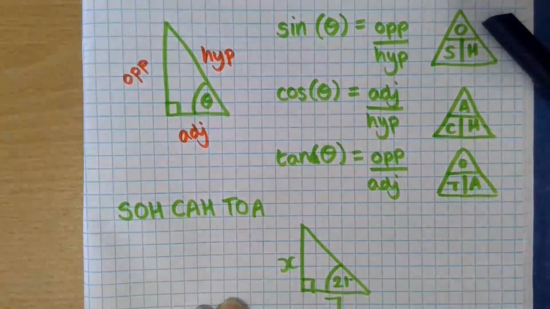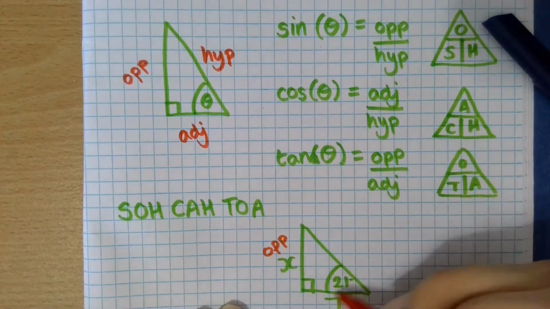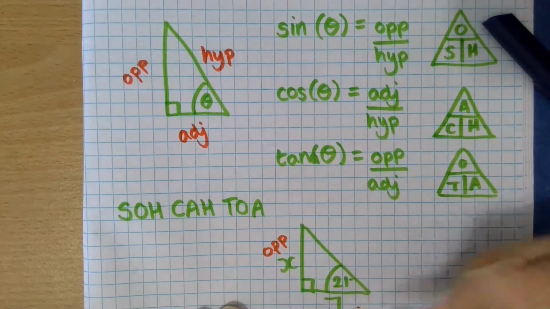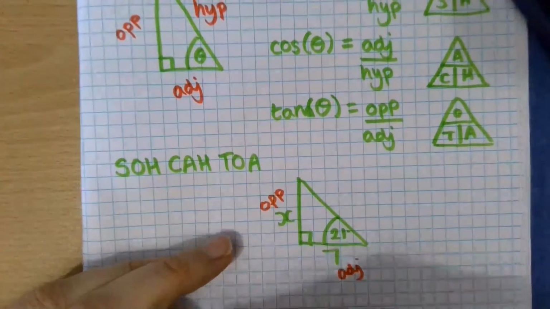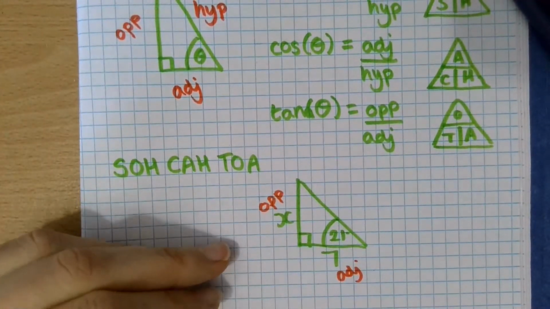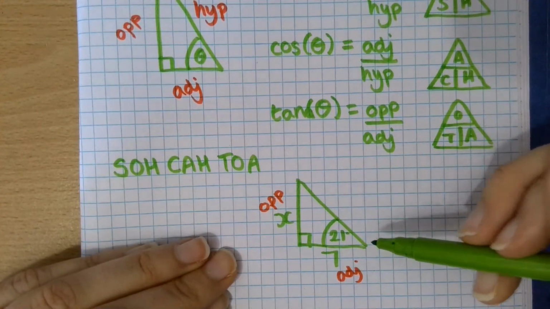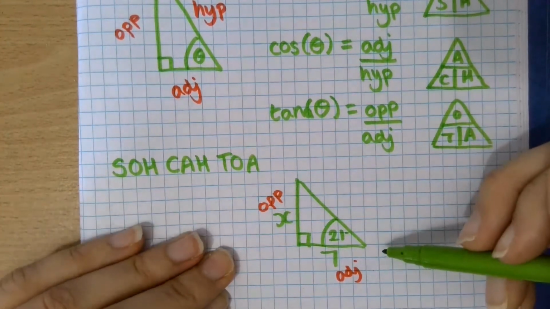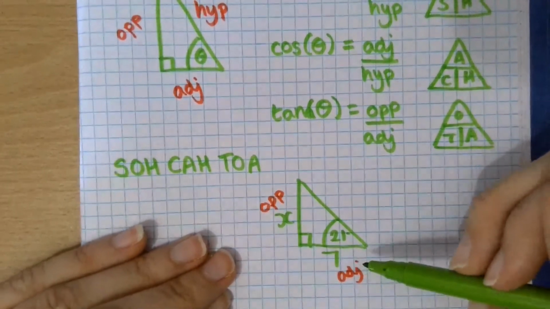I've got the opposite and I've got the adjacent. Now I know that is the hypotenuse, but there's no point labelling it because it's not interesting to me. There is no information on the hypotenuse. I don't know what it is, and I don't need to know, so I'm not going to bother labelling it. I'm only labelling the sides that are relevant to this question.